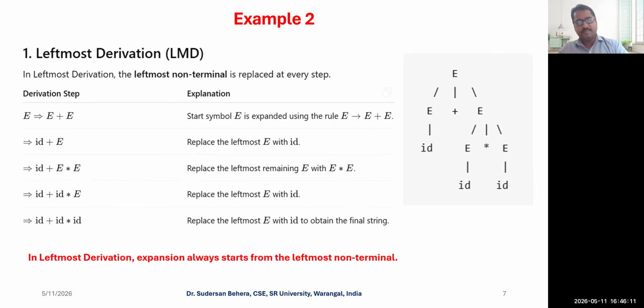So first ID plus, now this E is again expanded as E into E. Otherwise, if you replace it with ID, you cannot get your desired string. Your string has three operands: ID plus ID into ID. But if you replace this E with a wrong production, with ID, then the total string you will get is ID plus ID.